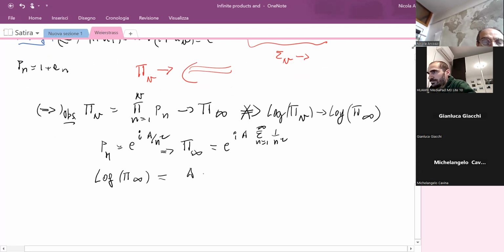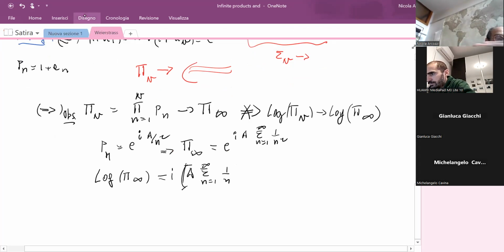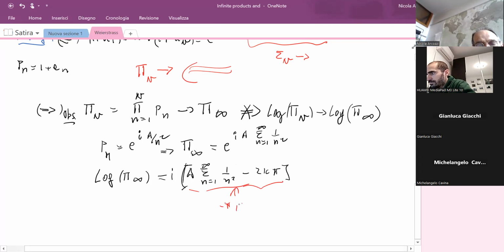It is i times a times the sum from 1 to infinity of 1 over n squared, minus a multiple of pi, where this multiple of pi is chosen in such a way that this belongs to minus pi, pi.